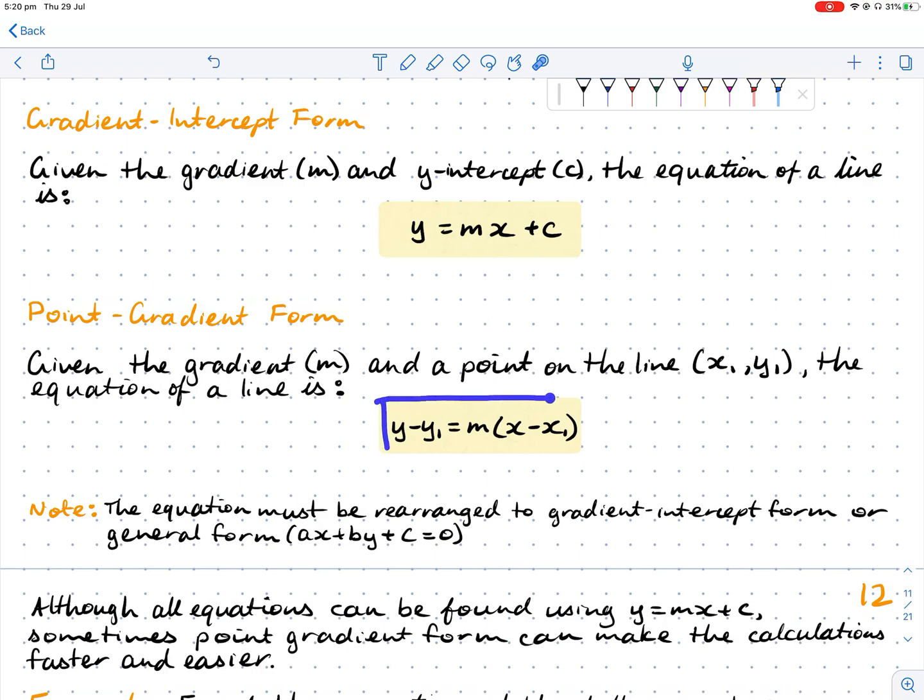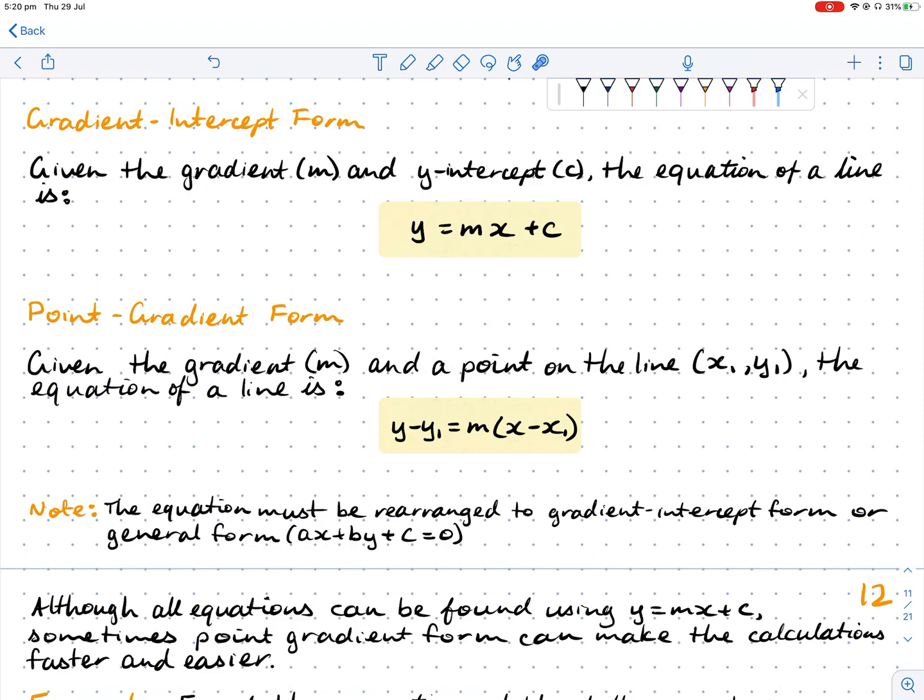So if we start with point gradient, what we may need to do is expand out the gradient and then simplify. So we can either go into y = mx + c form, or we can use this format. Often what I will do is if I do get fractions for my gradient or my y-intercept values, I do prefer to write things in general form.